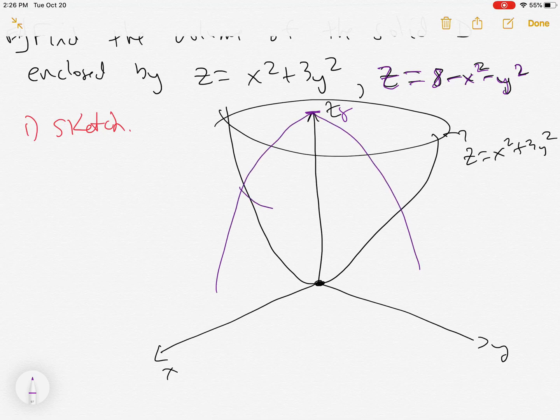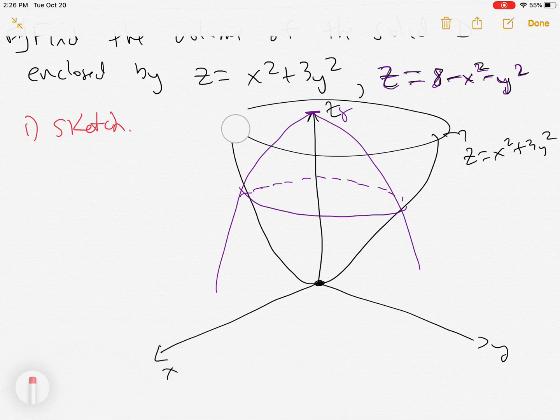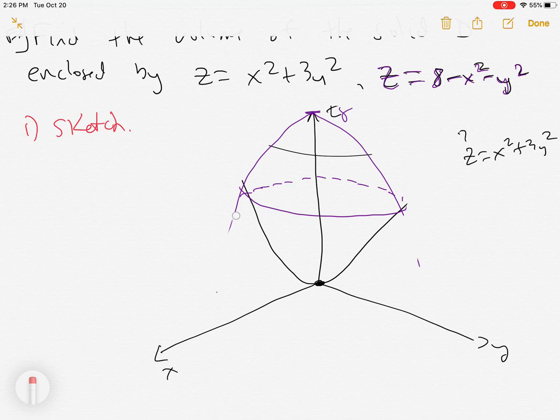So somewhere in here, these two intersect, and this thing makes, I hope this works. Oh wow, it's working great. This thing makes an egg, for lack of a better word.